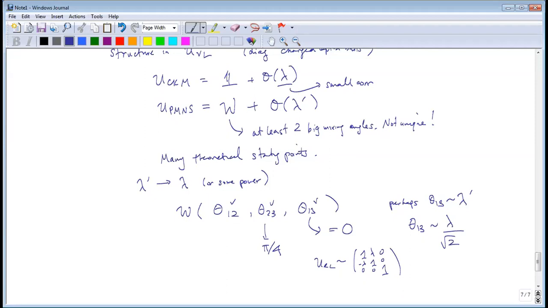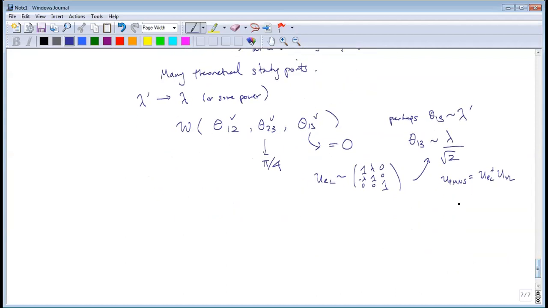If that's true, then it turns out you can easily get this prediction just from the fact that the PMNS matrix is U_EL dagger U. And this was pointed out long ago by Visiani and Ramond. He definitely was writing proceedings about this in 2004.